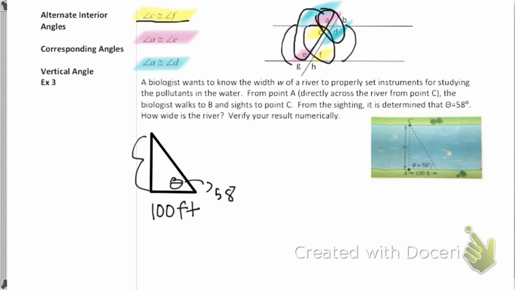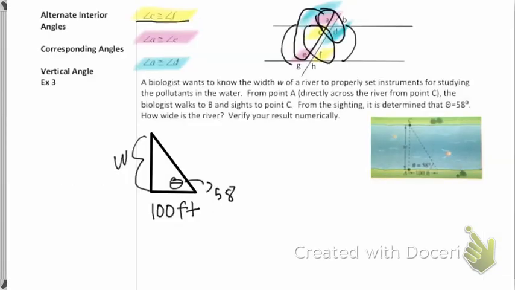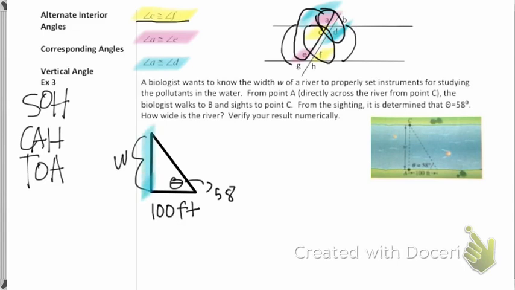So now we're trying to find this side, W. So we use tangent, from TOA. Since W is the opposite, and we already know what adjacent is. Adjacent is the side that's next to theta, which is this side.